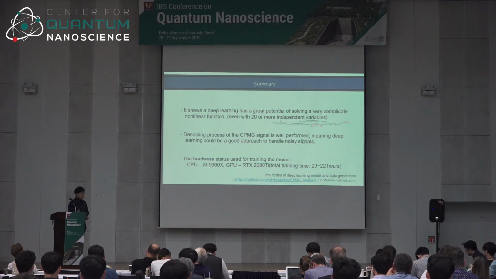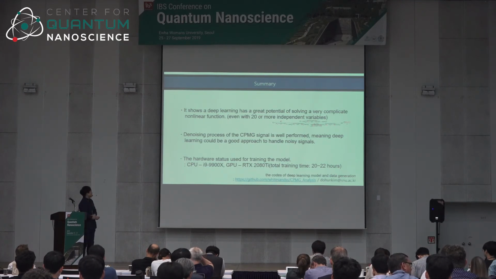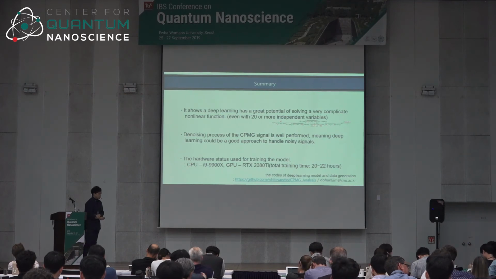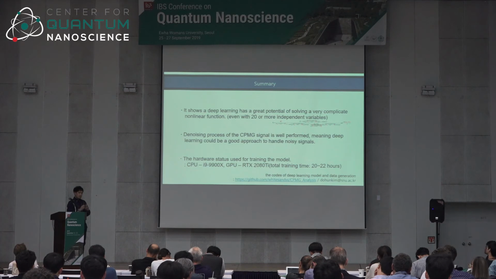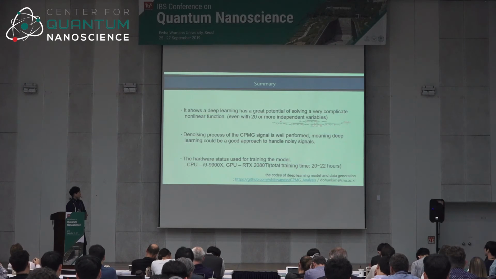You can also see many research papers trying to solve mathematical problems such as ordinary differential equations. And second is the denoising process of the signal. Denoising is also a very general field of deep learning, and it works quite well for this signal too. So I think it can be a good tool to handle noisy data.